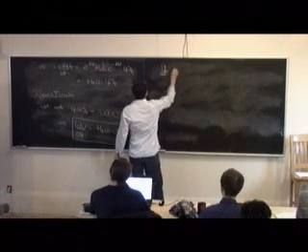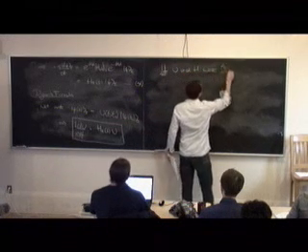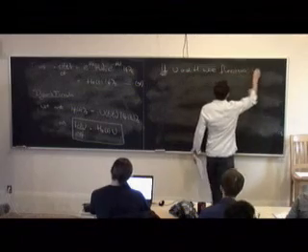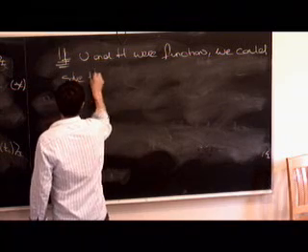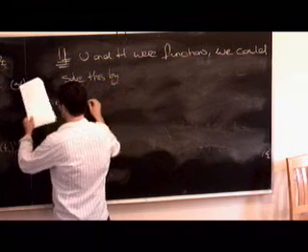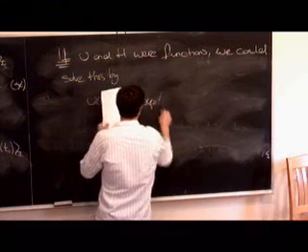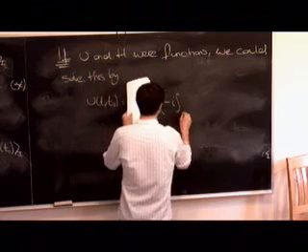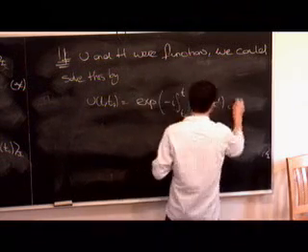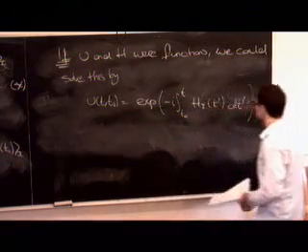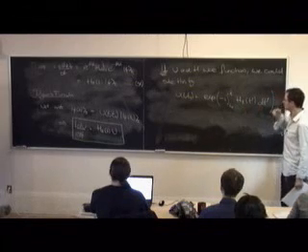If u and h were functions, we could solve this by u of t, t0. Well, it's just the exponential of suitably integrated hi. Okay, why is that?